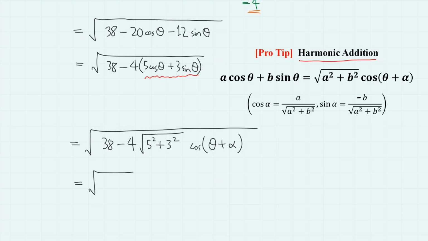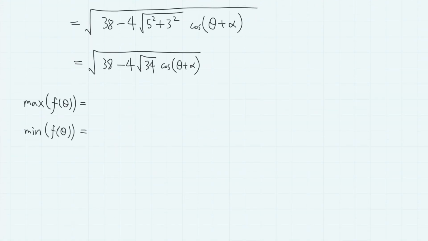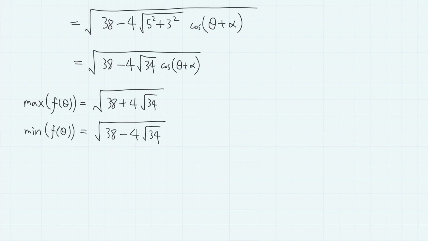So we have square root of 38 minus 4 times square root of 34 times cosine of theta plus alpha. Therefore, you can easily notice that the maximum and minimum values are square root of 38 plus 4 square root of 34 and square root of 38 minus 4 times square root of 34.